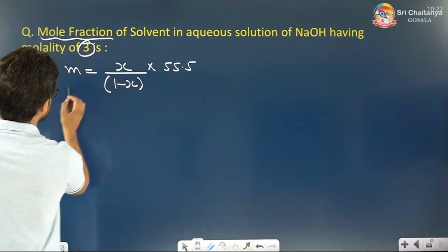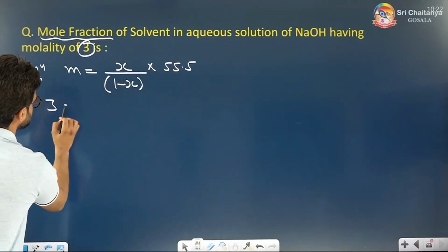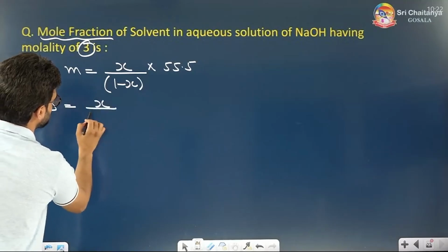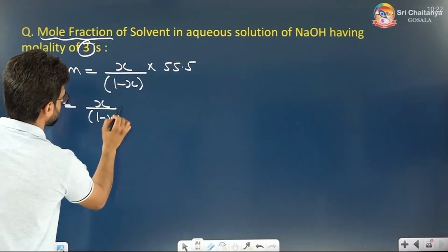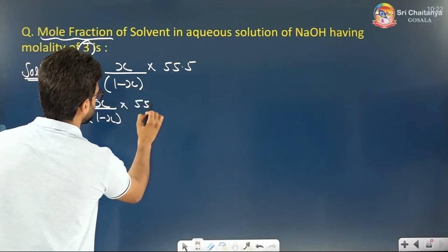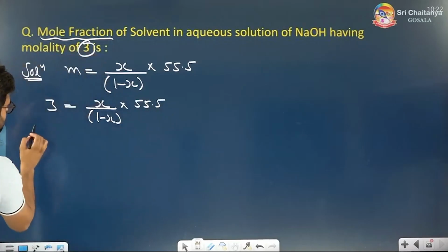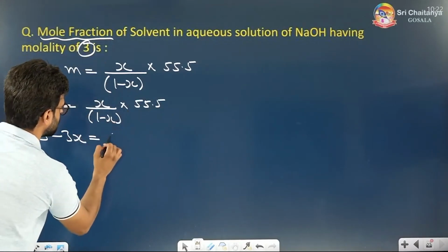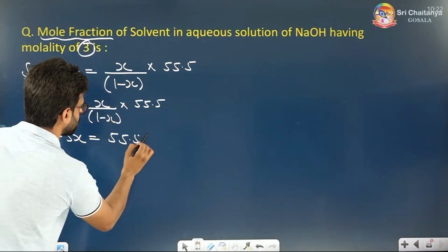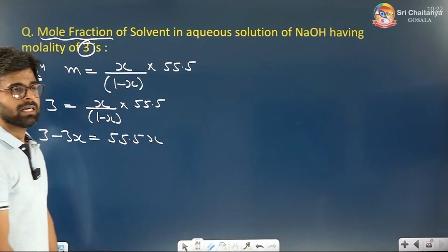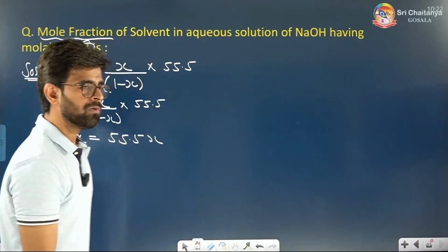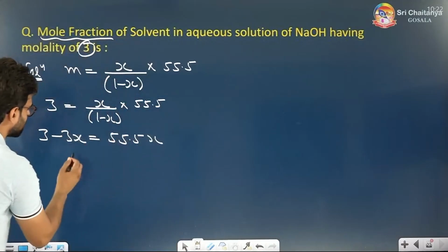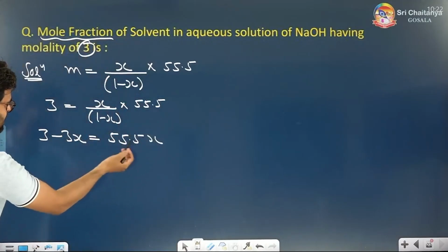Clear? So molality is given as 3. 3 equals x divided by 1 minus x into 55.5. Multiply here: 3 minus 3x equals 55.5x. Now if you solve this, 3x I will take this side.